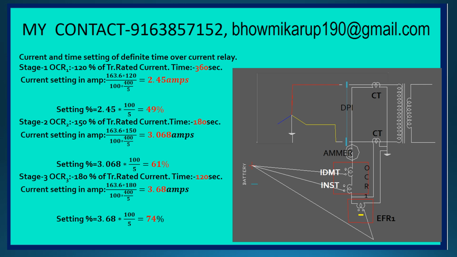if the current is increasing, it will rotate fast, and if the overload is cleared, then it will not touch the fixed contact.